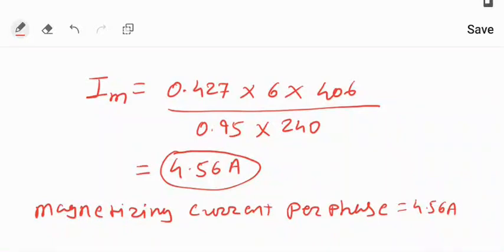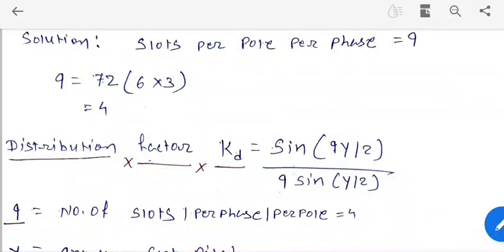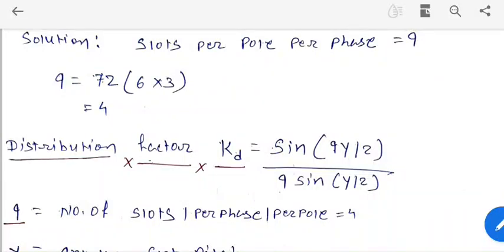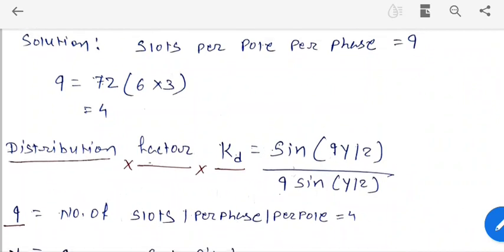So for your better understanding, I will show you the simplification of that solved example, so you can refer to it during the calculation. Okay, so here I quickly recall this example that we solved step by step. First of all, we found the distribution factor KD with the help of this equation.